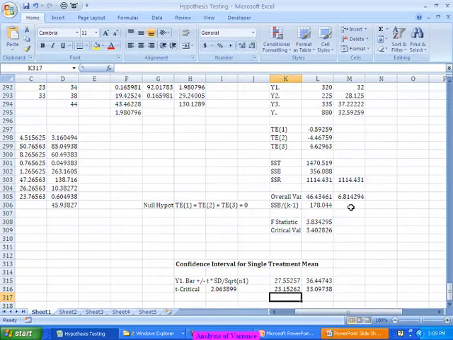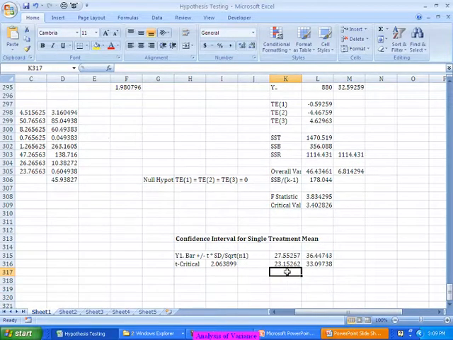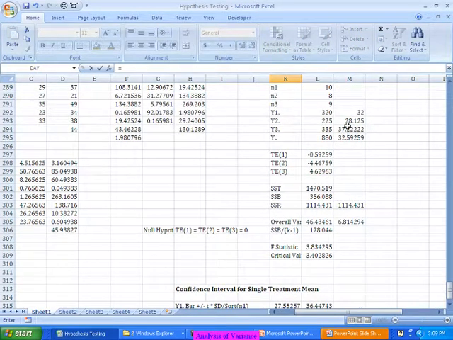So overall it is saying that the 95% confidence limits for the second one are 23.15 to 33.09.